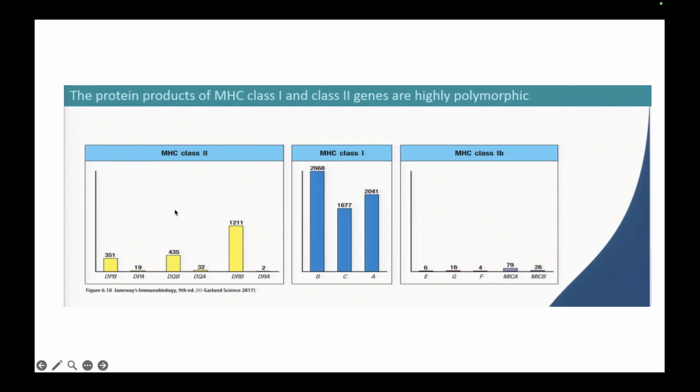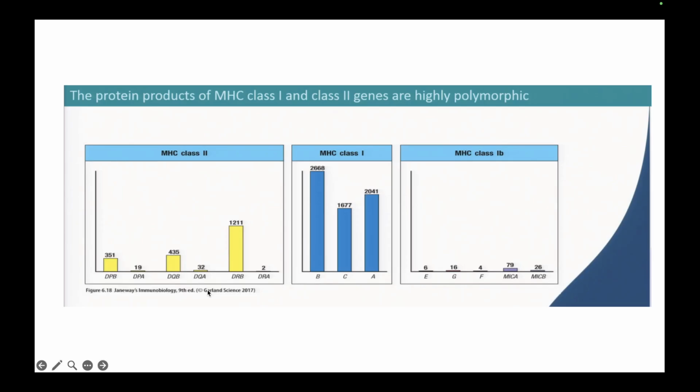You can see these genes, DPB and DPA, DRB, DRA, which are the alpha and beta subunits of the MHC molecules.